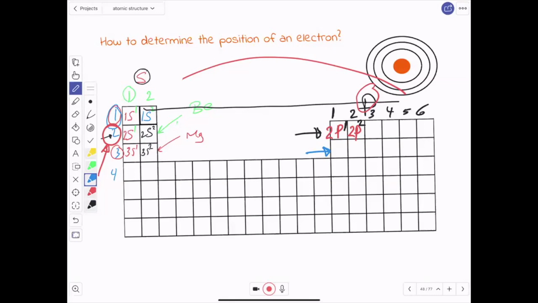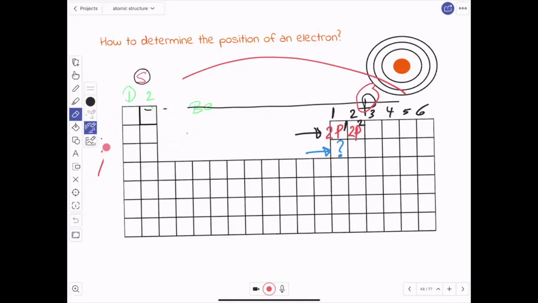So I now want to work out aluminium. What will it be? So I'm just gonna clean up here and write you the periods. 1, 2, 3. What will it be?